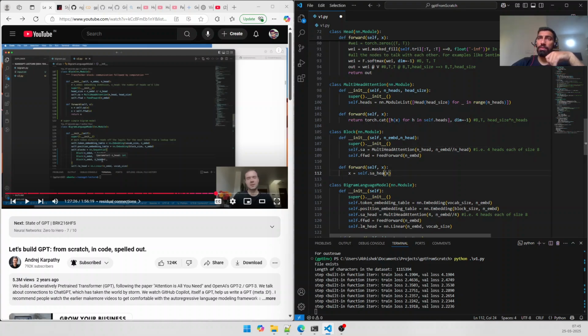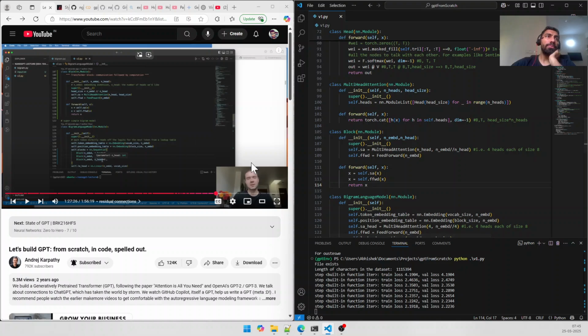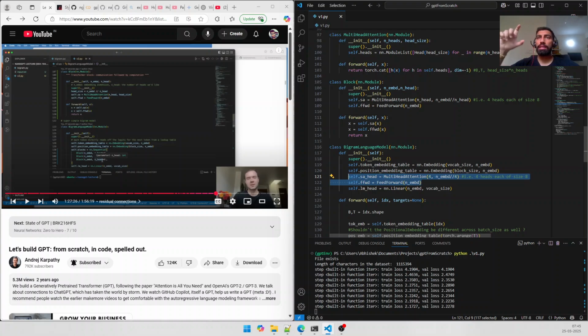Self-attention. Return x. And this block, these all are not required, right? So in place of this, rather than having one single head and feed forward, we are doing multiples of these.